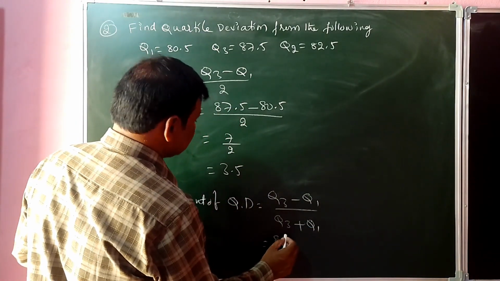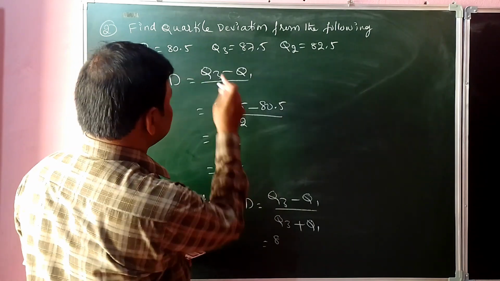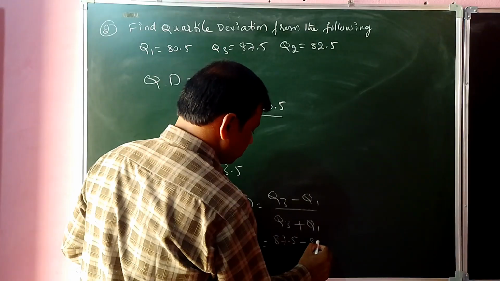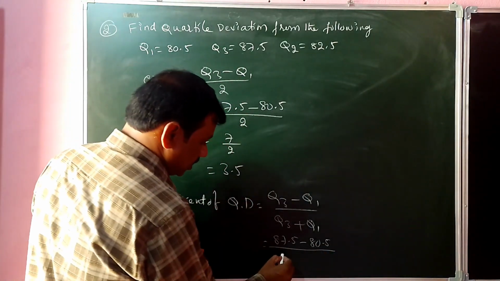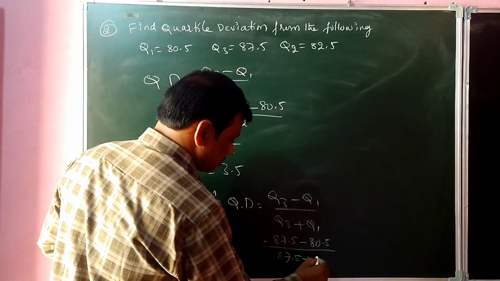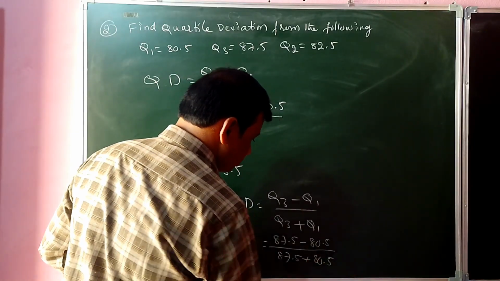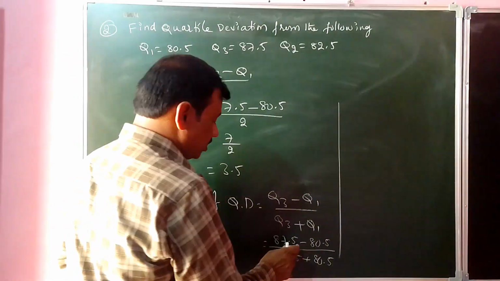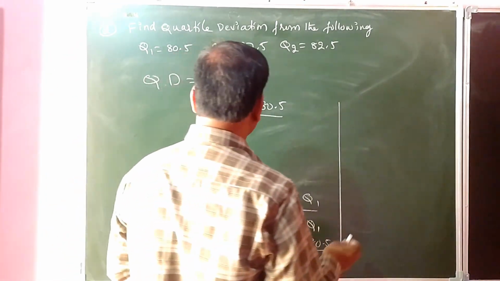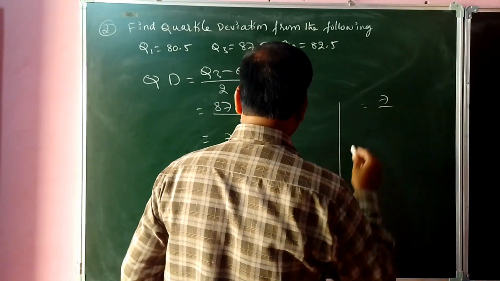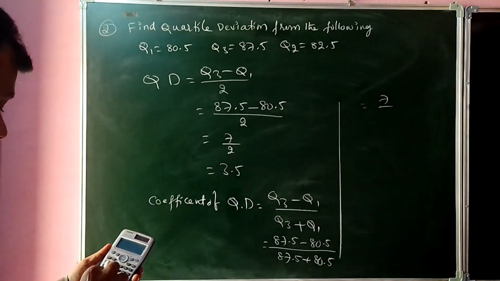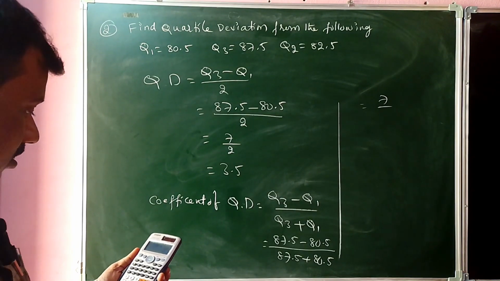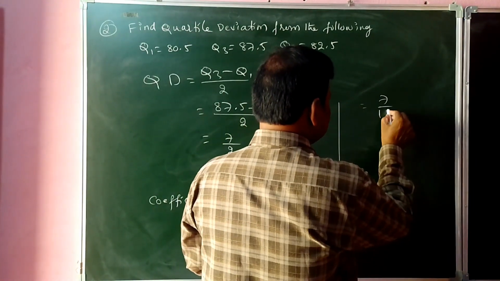Q3 is 87.5 minus Q1, 80.5, divided by 87.5 plus 80.5. The numerator value is 7, divided by the total of these two, 87.5 plus 80.5, which is 168.